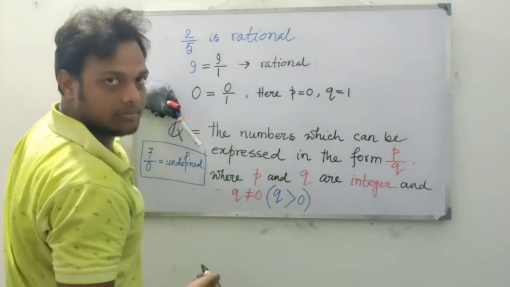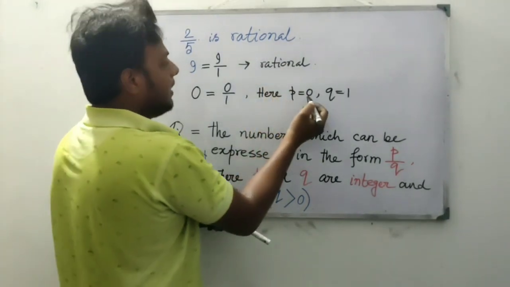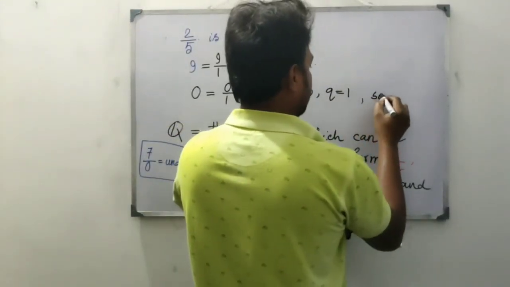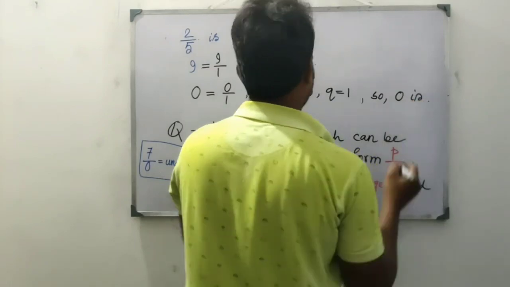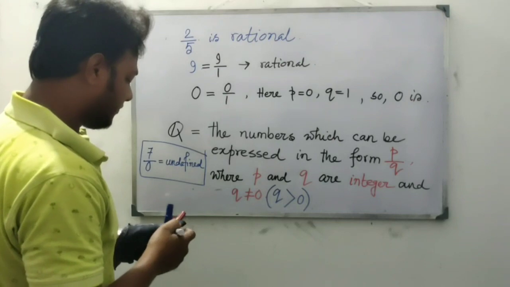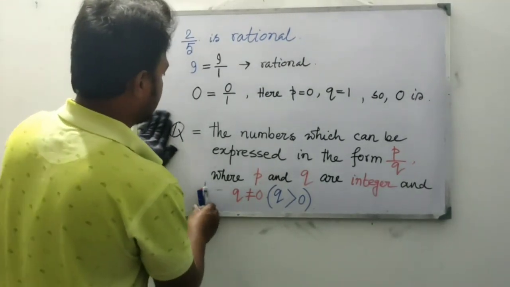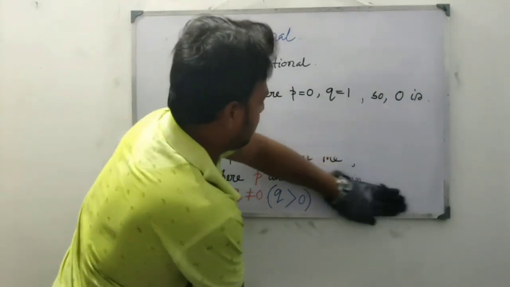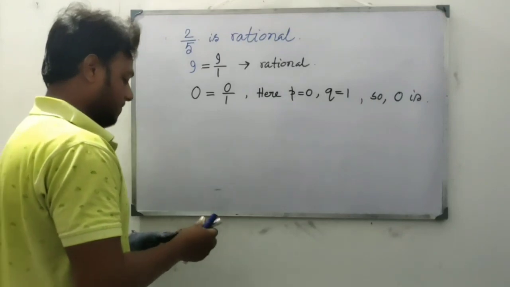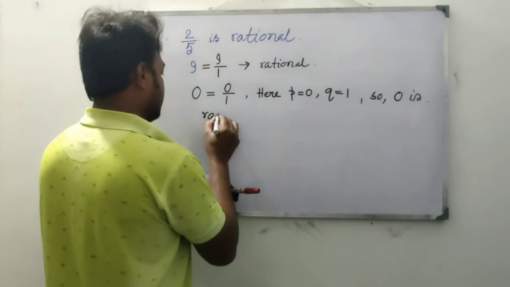So q equals to 1. Clearly 0 and 1 both are integers. So this 0 is a rational number.